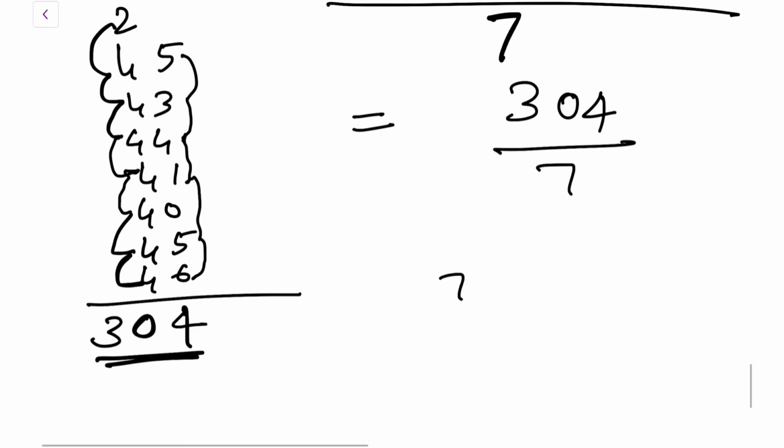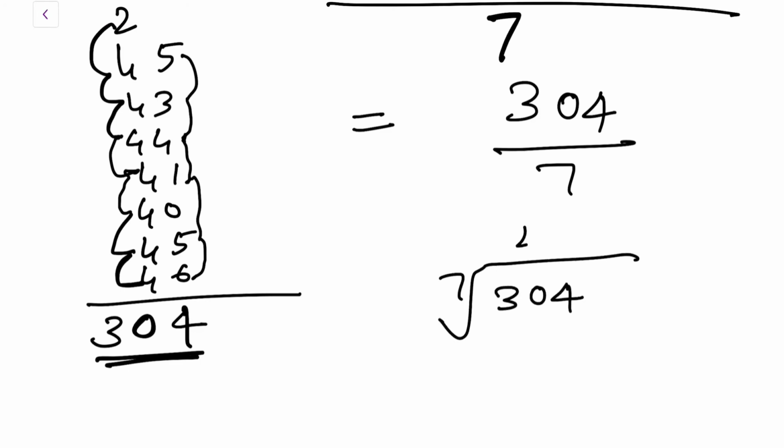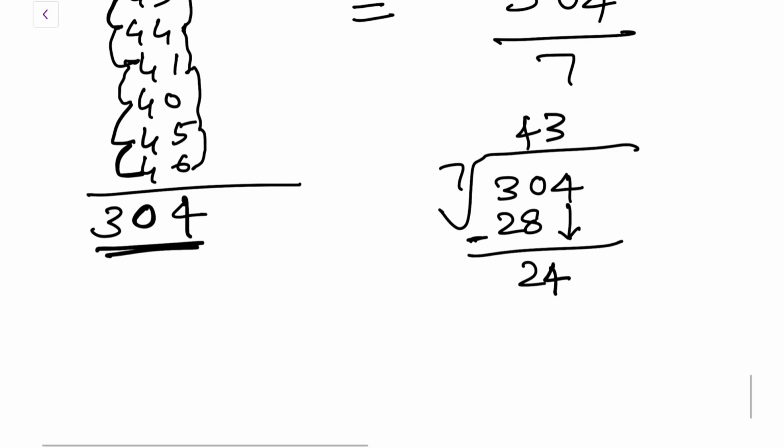So if you do the division, 7 4s are 28, 2, bring 4 down, 7 3s are 21, 24 minus 21 is 3.